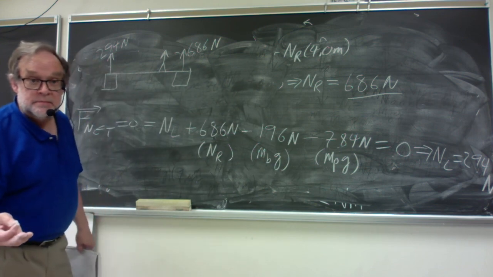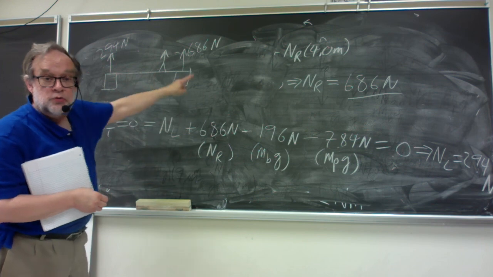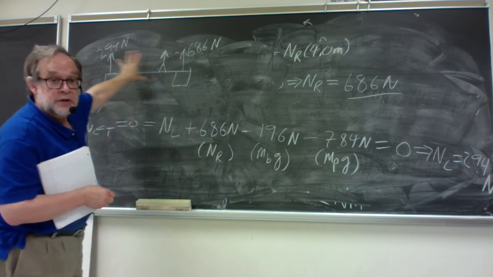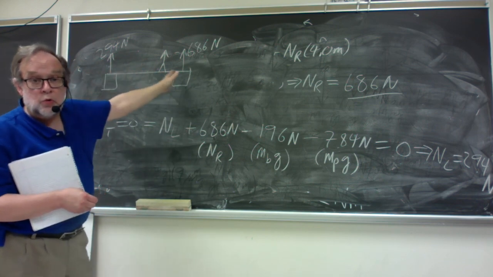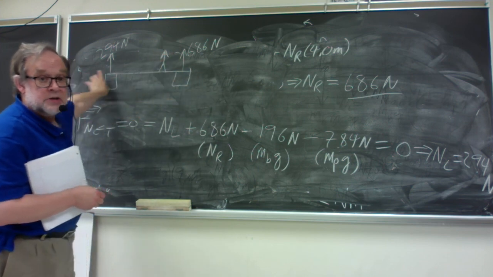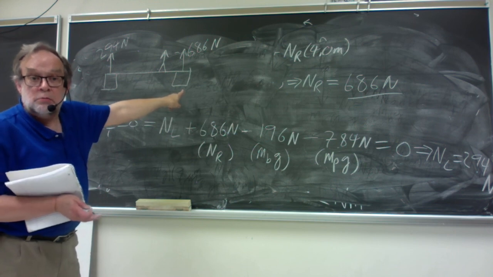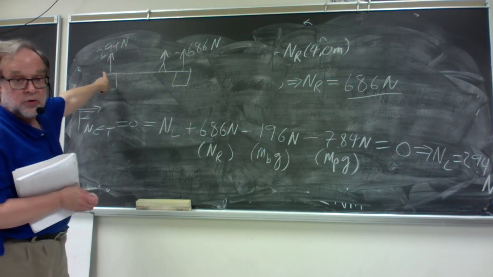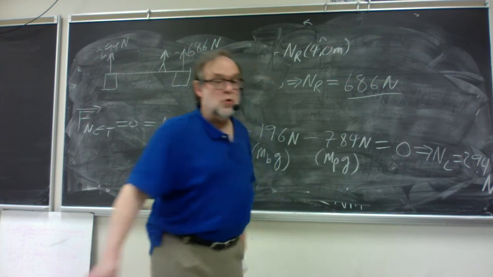That should make sense, because when you look at the total weight that these two forces are supporting, there's more weight on the right than there is on the left. The person is 3/4 of the way to the right. More weight over on the right side than on the left side, so it should feel correct that the right hand support force has to be stronger than the left hand support force. All right, we will think more about this in class.